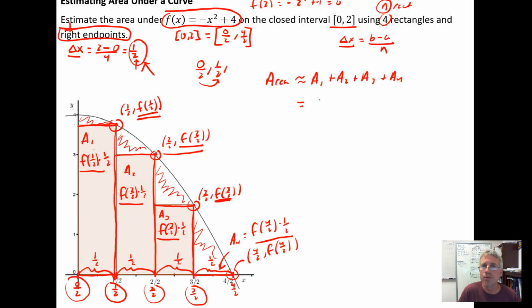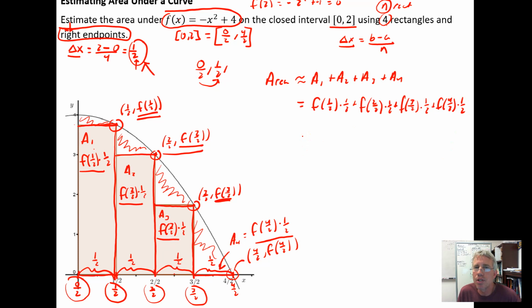And those are equal to f evaluated at 1/2, which is the height of rectangle 1, times its width, plus the height of rectangle 2 times its width, plus the height of rectangle 3, f of 3 halves, times 1/2, plus our last rectangle, whose height is f of 4 halves, times the width, which is 1/2.